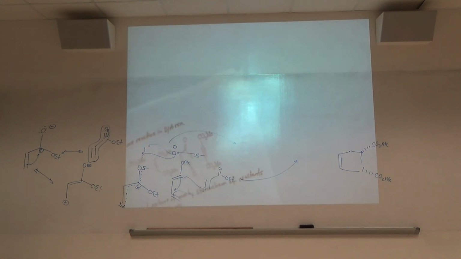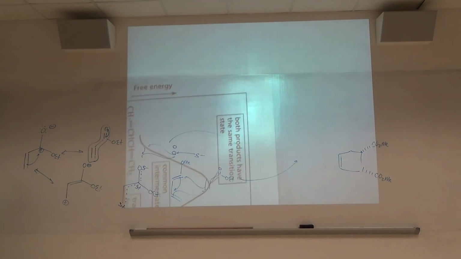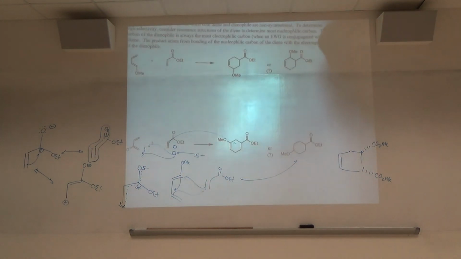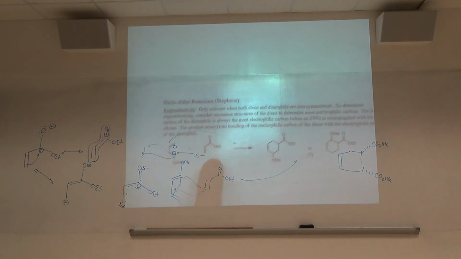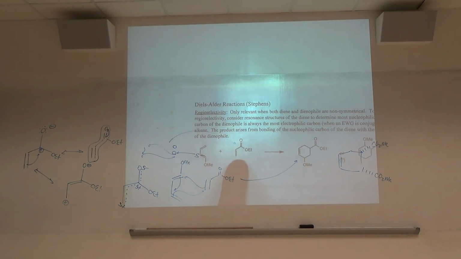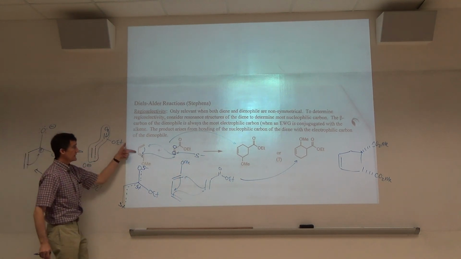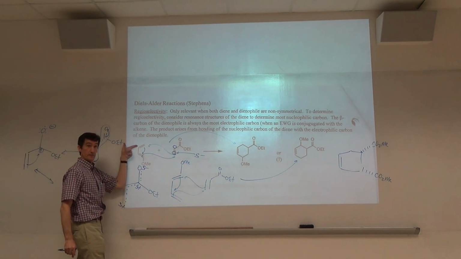At the end of organic 2, we do Michael reactions, and you have to know that the beta carbon is the partial positive. Right here. So, we identified partial positive in the dienophile. Now in this guy, we're going to need to identify a partial negative.